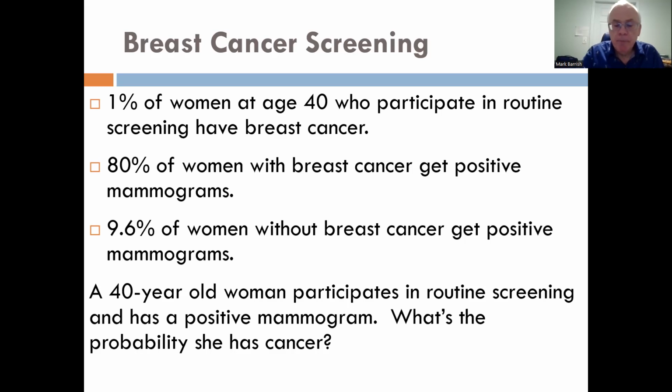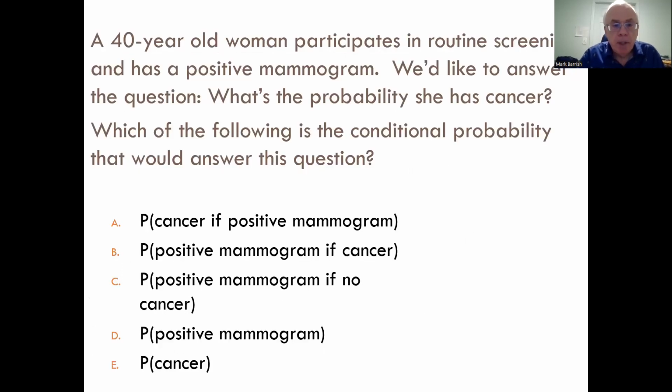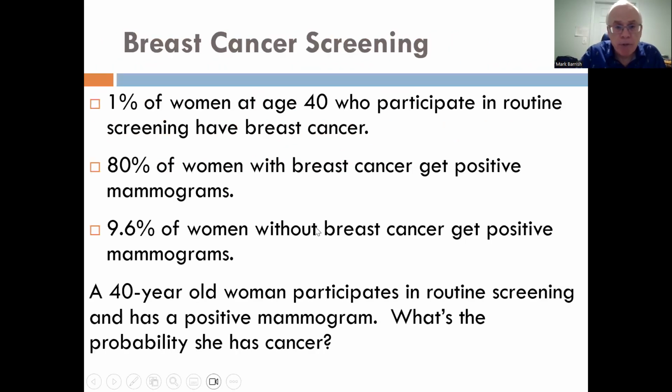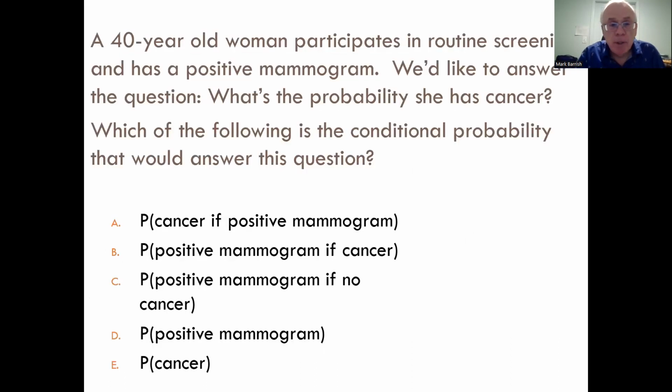Which of the following is the conditional probability that would answer this question? Let's go back and see it again. What's the probability she has cancer? I'm sorry, actually we're just asking the question, what's the probability of having cancer?